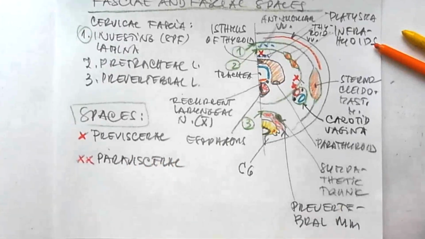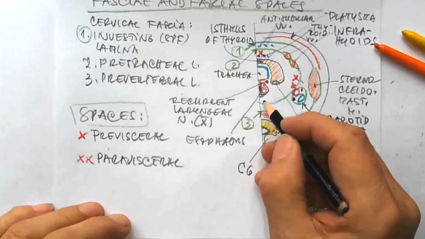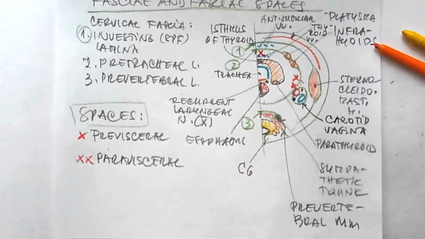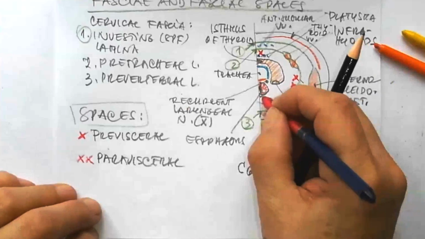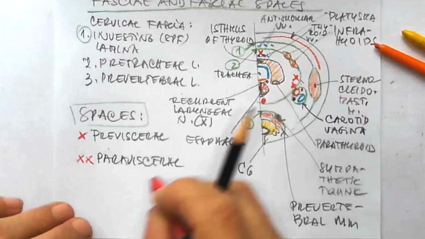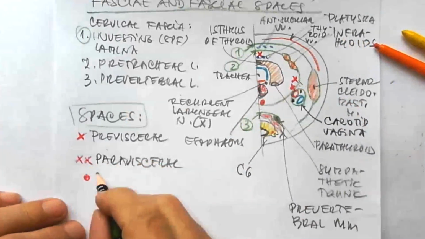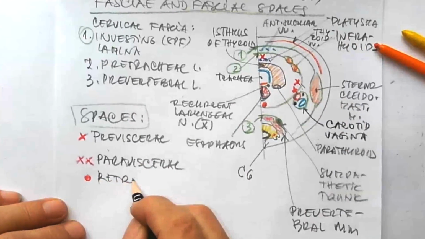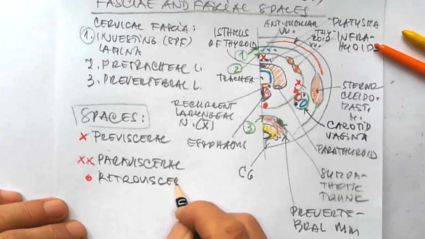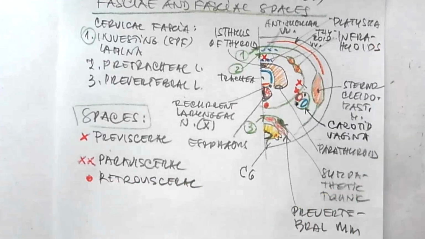And finally, that one is retrovisceral, retroesophageal. Maybe we can add also one more, maybe just a big dot. Yes. And this is retrovisceral. Correct. So we did the best for the drawing.